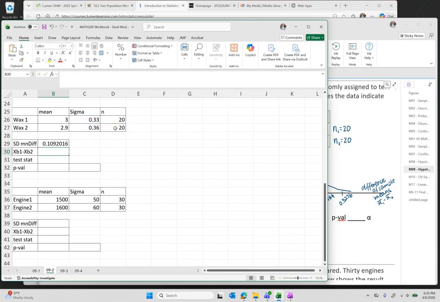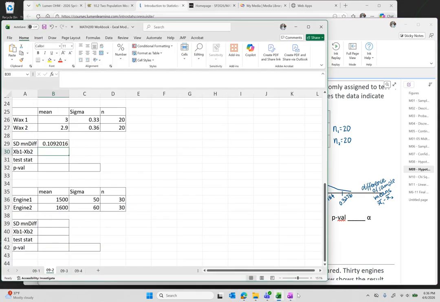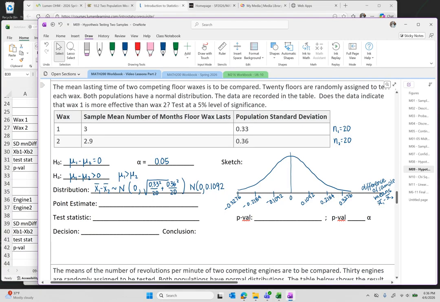So this comes out to be 0.1092016. So let's write this again. So this is a normal distribution with a 0 for a mean and 0.1092, and I believe it was 016.